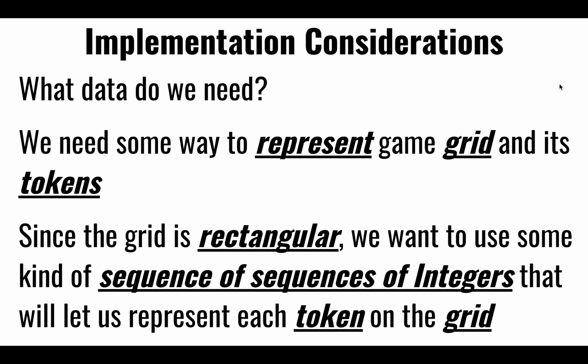So let's talk about the type of data that we need to capture so that we can support and implement that interface. Certainly, the grid is rectangular. Perhaps we might choose to use some kind of array, or a sequence of integers, like an array of arrays, or list of lists, or array list of array lists, to create a two-dimensional grid, and then place the different tokens into that grid.